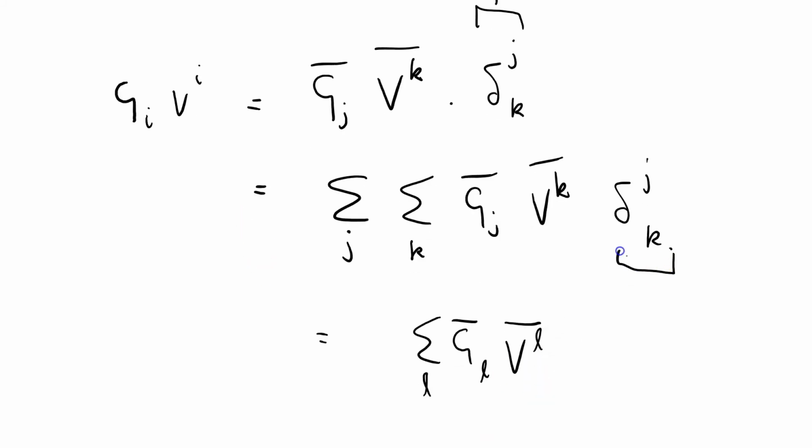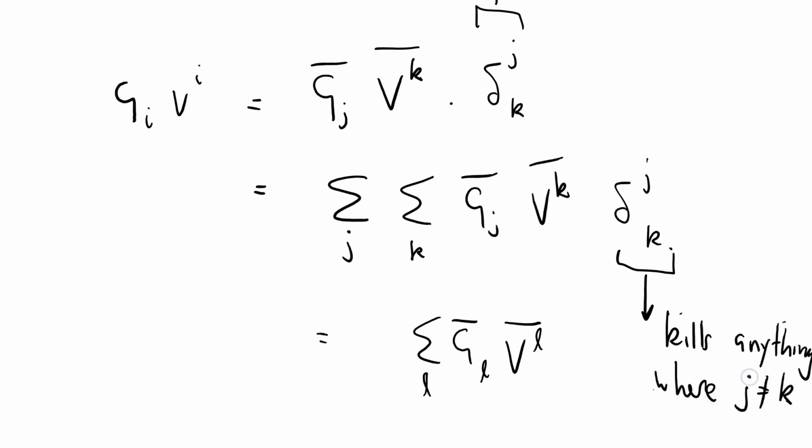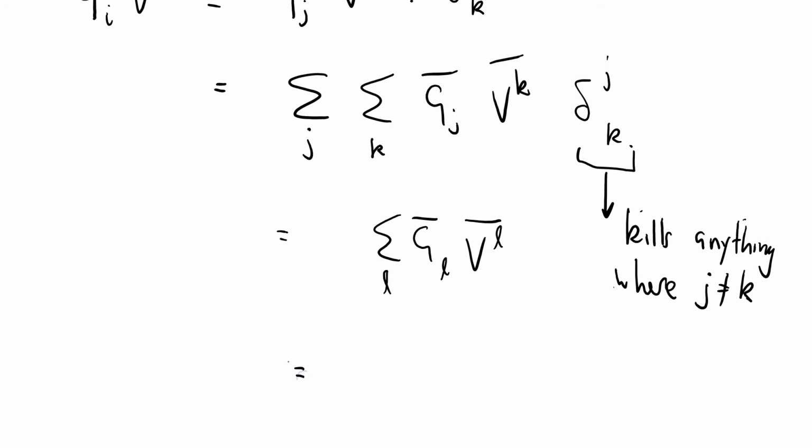Because this kills anything where J is not equal to K. So all the off-diagonal elements just disappear. So we're left with just the places where J equals K, so I may as well give it a new letter, and I've called it L. And by the summation convention, it's just G L bar V L bar. GI VI equals that.